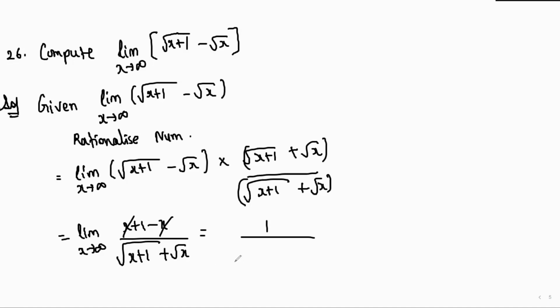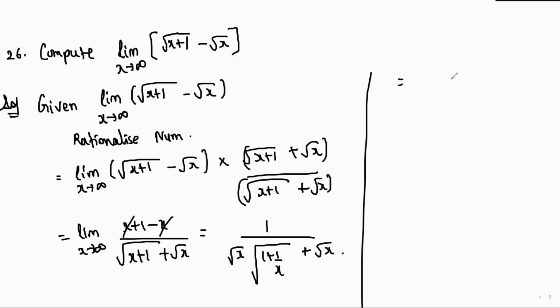So what we will do is from the denominator we take root x common. So we are left over with root over 1 plus 1 by x plus 1, in the whole denominator. So everywhere you get limit x tends to infinity.